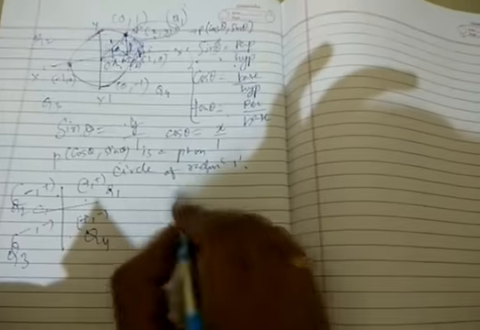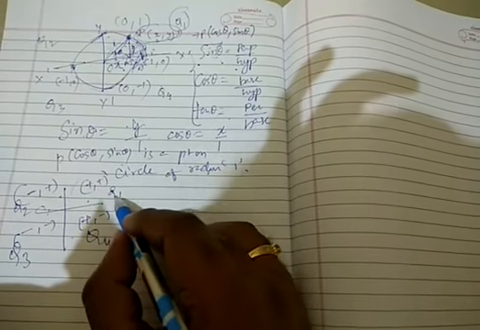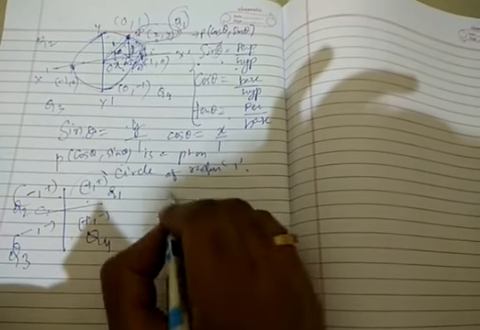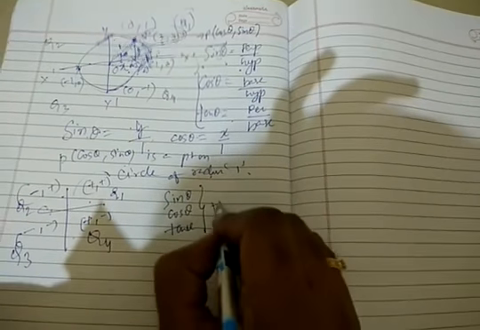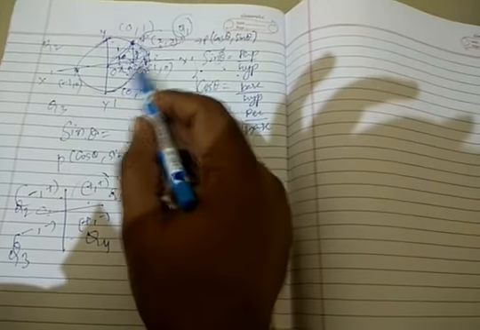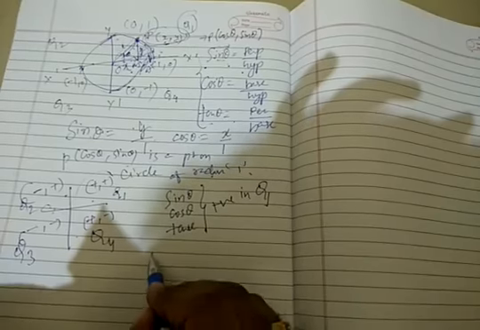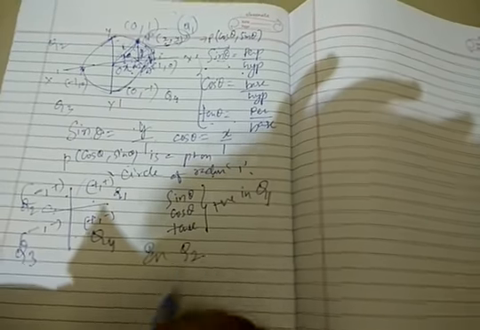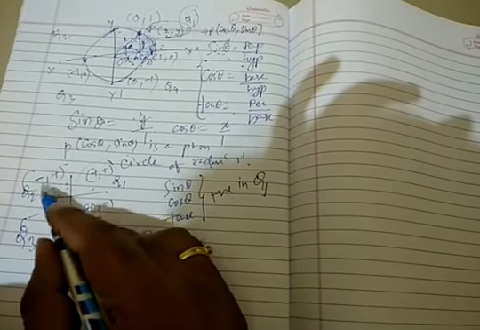Now we know that in quadrant 1, as x and y are both positive, sine theta, cos theta, and tan theta are all positive. The reason is that all have positive signs here. If you take quadrant 2, y is positive and x is negative.